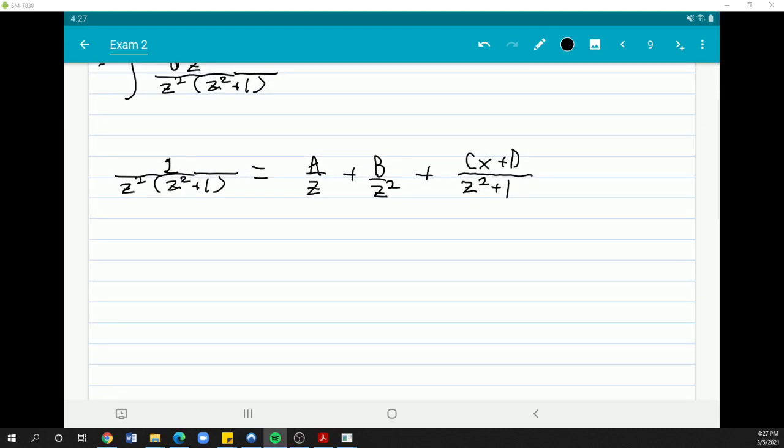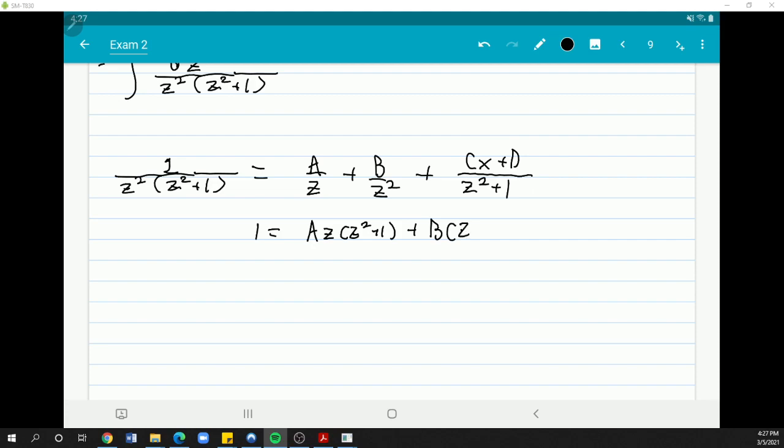So what do we do? I multiply both sides by the denominator. So this is going to become 1 equals, but let me save myself some room, and maybe you'll see why in a second. So I get a times z, leaving a z, and then z squared plus 1, plus b.